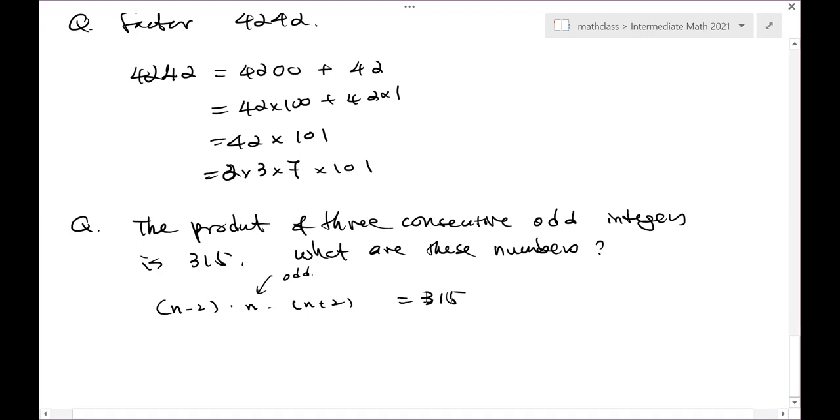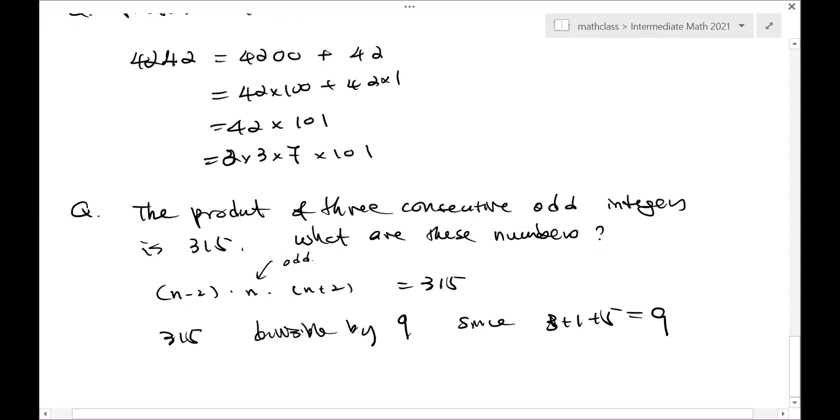You see the result, 315. So you divide 315, and you see that it is divisible by 9, because the sum of digits, 3 plus 1 plus 5, equals 9.